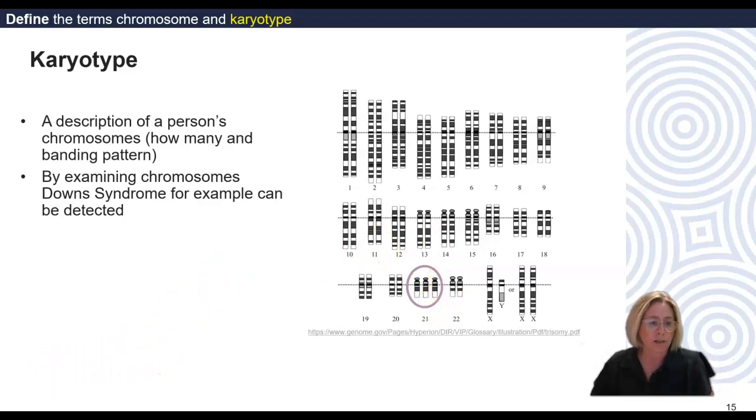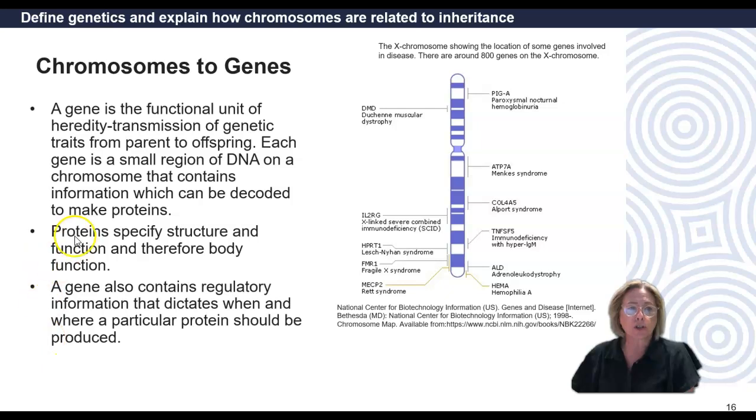Genes then are the functional units of heredity and responsible for the transmission of different genetic traits from parents to offspring. Each gene, as you can see here, is a small region of DNA in a chromosome that contains information which can be decoded then to make protein.